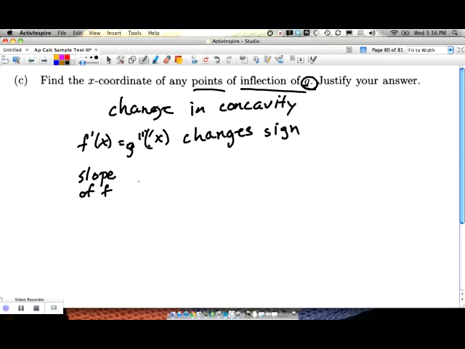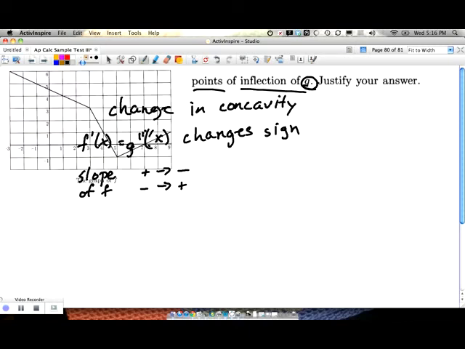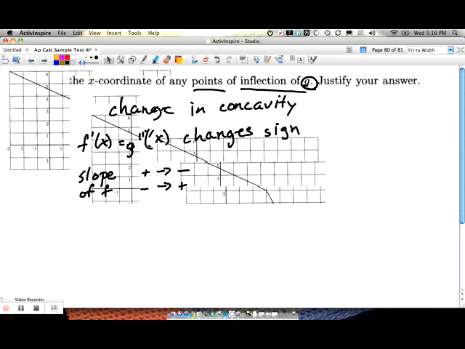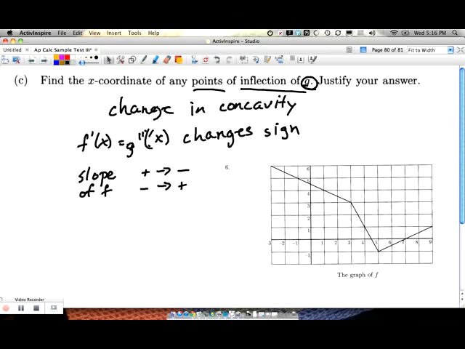Well, let's take a look at the picture. Does this slope ever change from positive to negative or negative to positive? Sure does, right there, because right here it's negative, and then after that it's positive. And in between, doesn't matter what it is, but it is going to be changing.